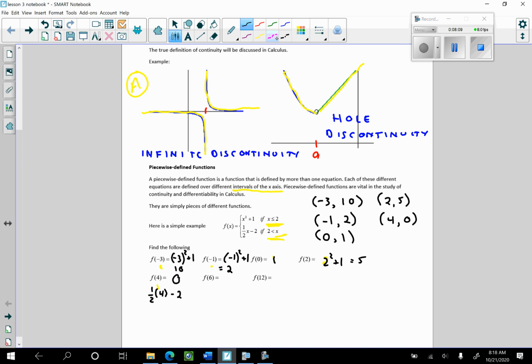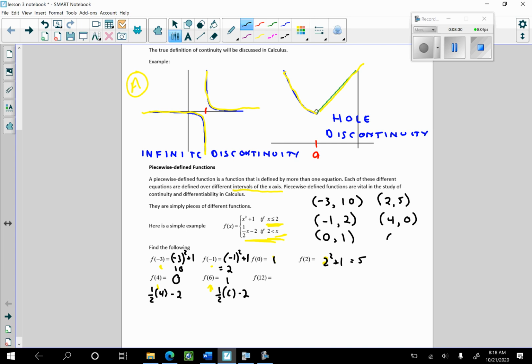F of 6, where in the world is 6? Well, 6 is up here in this piece right here. So I'm going to use that piece to find f of 6, and that's going to be 1/2 times 6 minus 2. 1/2 times 6 is 3, minus 2 is 1.